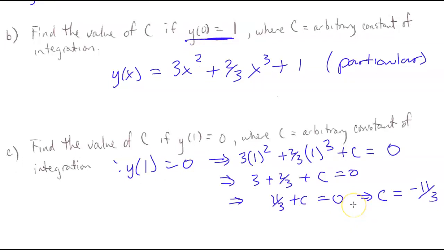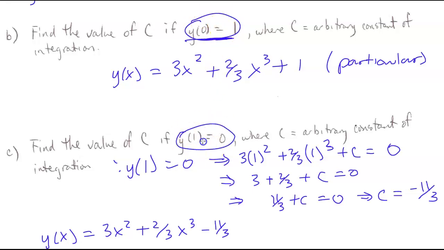And of course, that's what c would be. And if we wanted to know what the particular solution is, it would just end up being what I'm writing here. Okay. And so again, the point here is that based upon what the initial condition is, that also tells us what our particular solution to our differential equation would end up being.